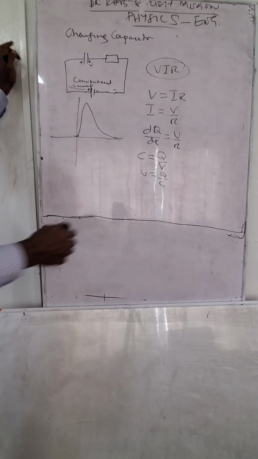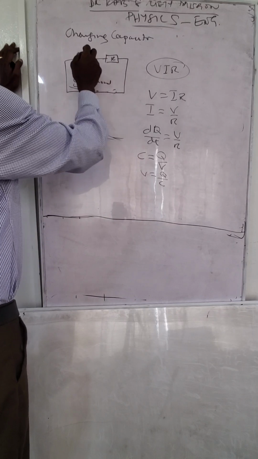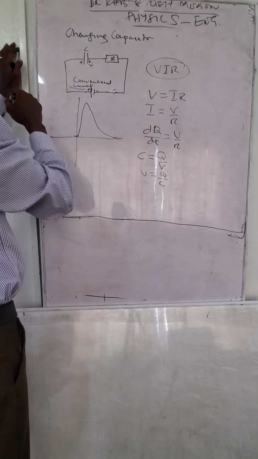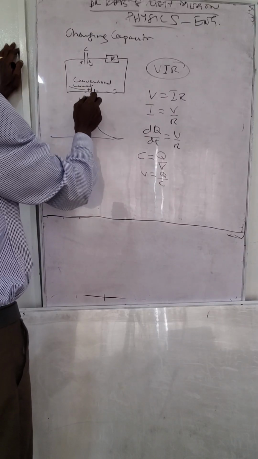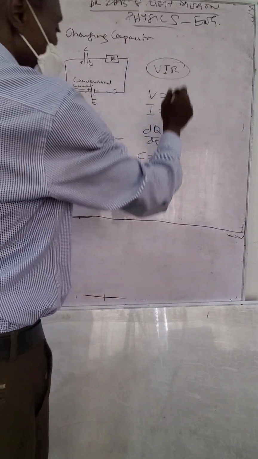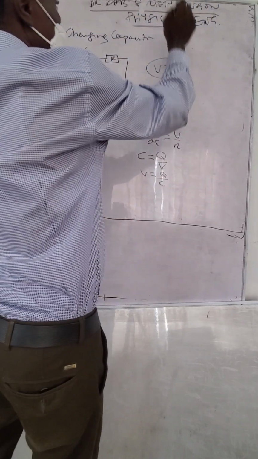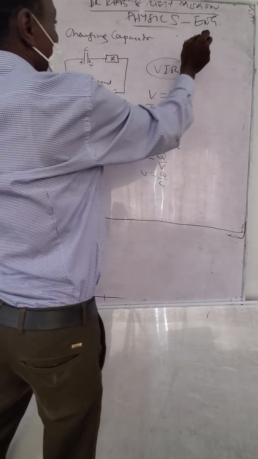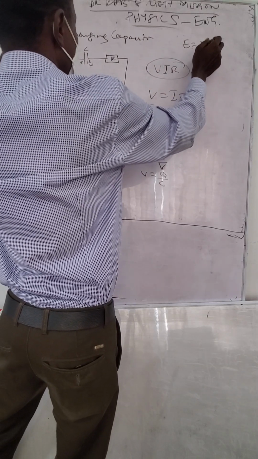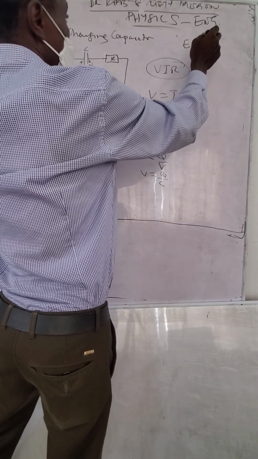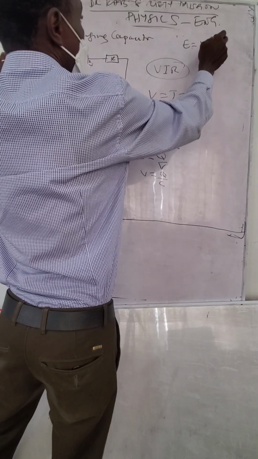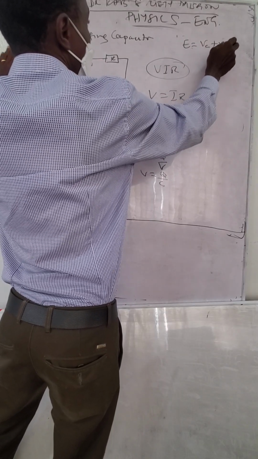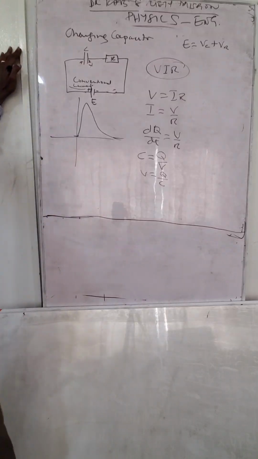But let's look at this equation. This is R, this is our capacitor. Now this is E. You realize that E will be equal to the voltage across the capacitor plus the voltage across the resistor.